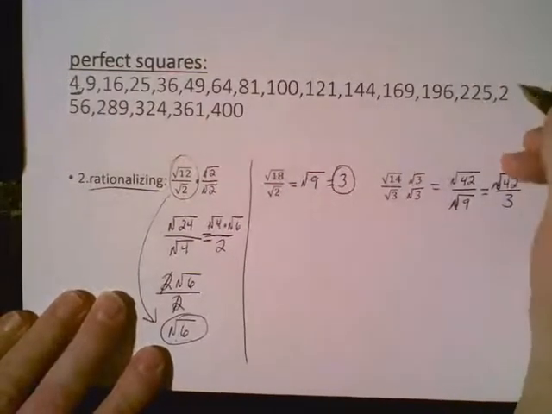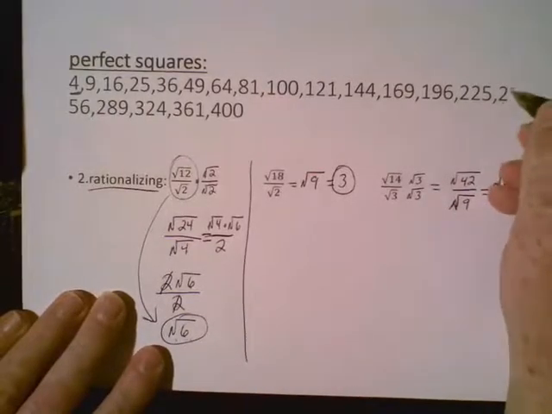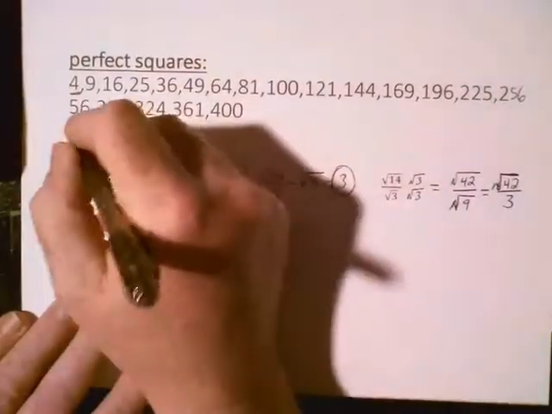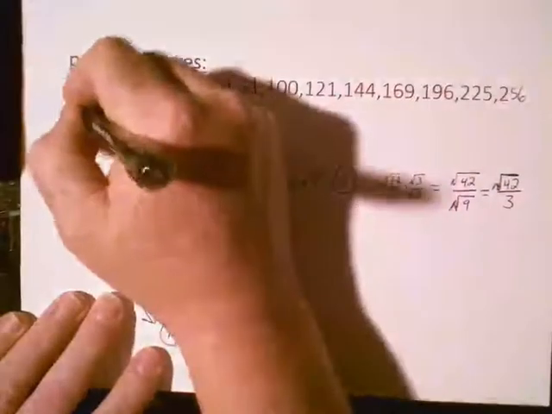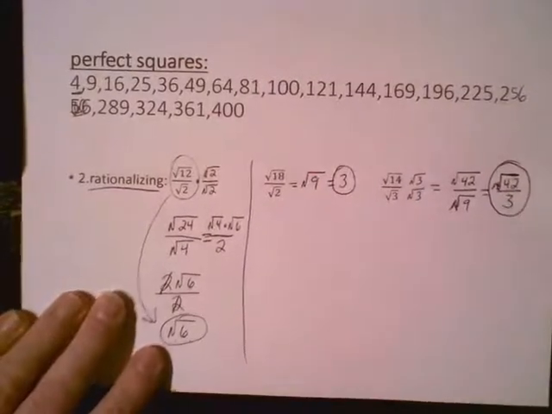I just realized that should be 256 here. It printed off with the 56 down there. So this is in the simplest form. It won't go any simpler than that.